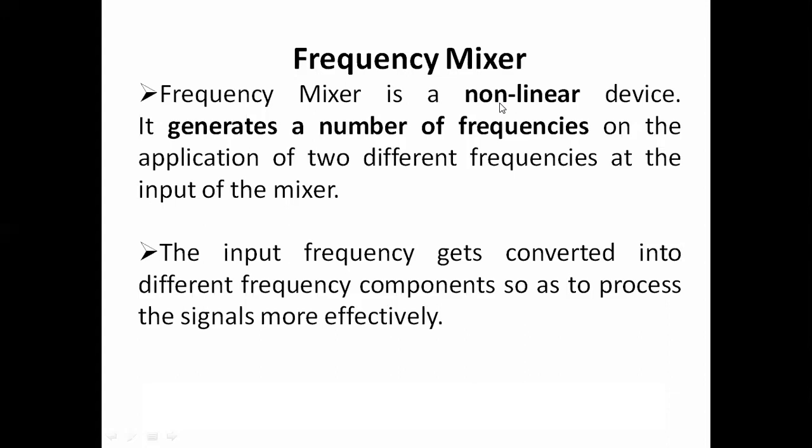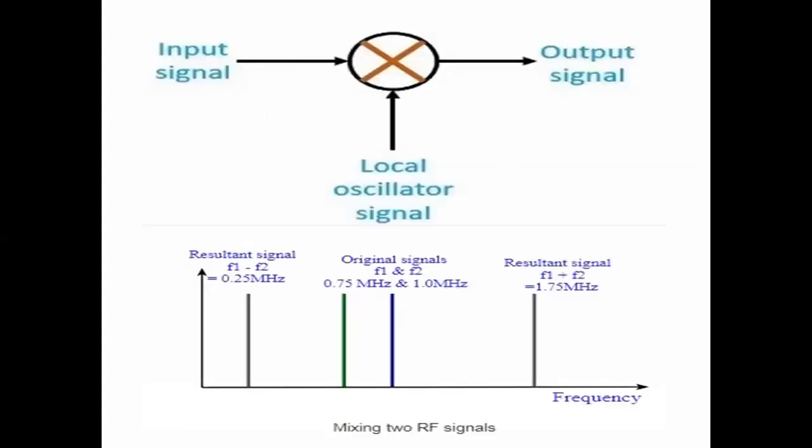Generally, using a filter is okay. But when we consider high frequency ranges, then we use a frequency mixer. By using a frequency mixer, we can get the actual frequency component. This is the representation of it.